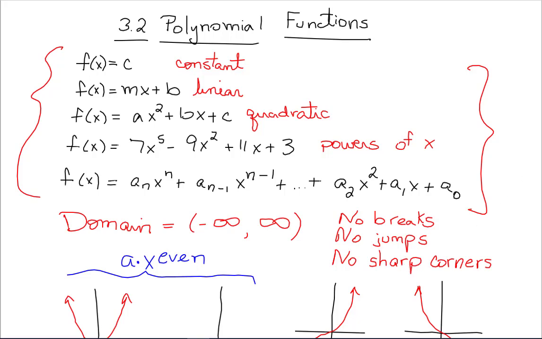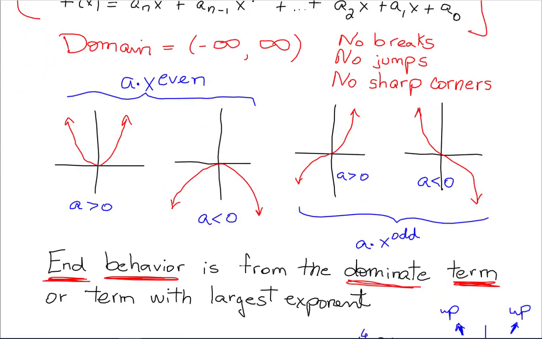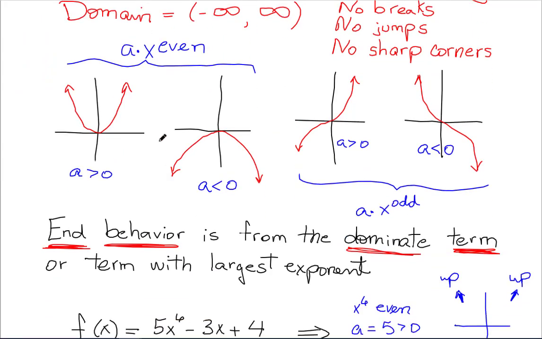Now the focus we want to look at is if the power of x is an even number, such as x squared, x to the fourth, x to the sixth, x to the eighth, and it's just x to an even power, nothing else, then essentially it looks like a parabola, or x squared.